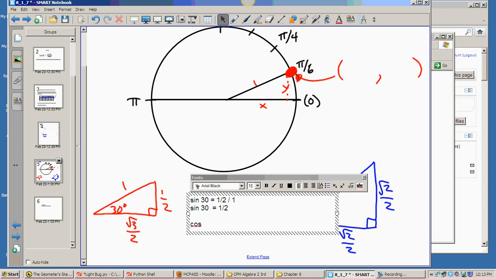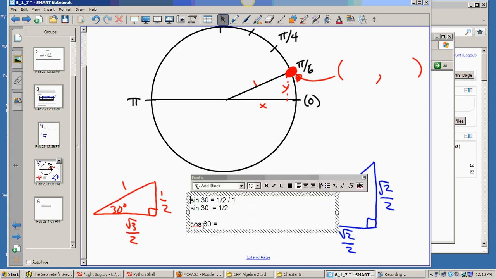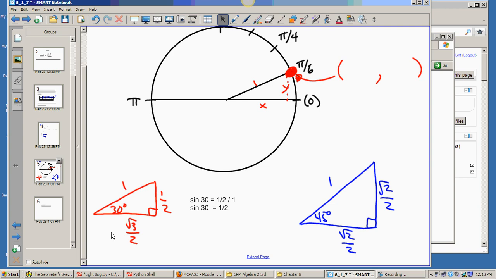The cosine of 30 degrees, if you remember from geometry when you learned all those side lengths, is going to be the adjacent side. In this case, it's the square root of 3 over 2. So this is the cosine. Let's just take that, put it over here. There. Cosine of 30 degrees, the sine of 30 degrees.